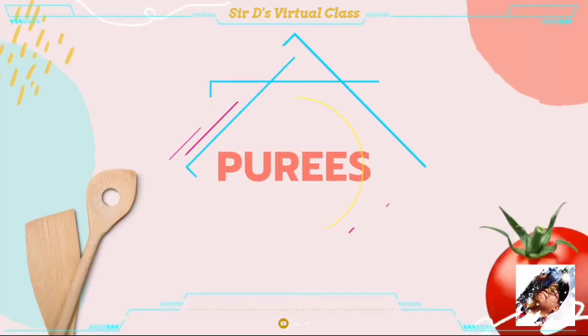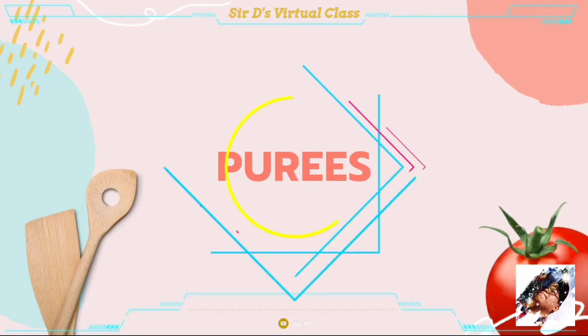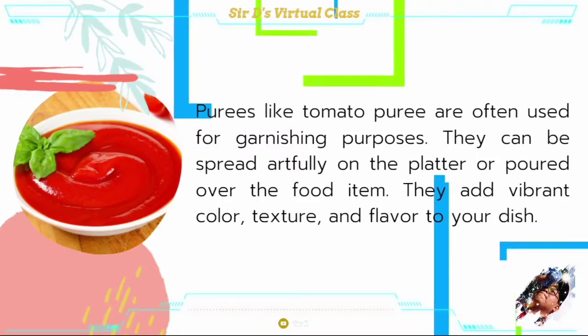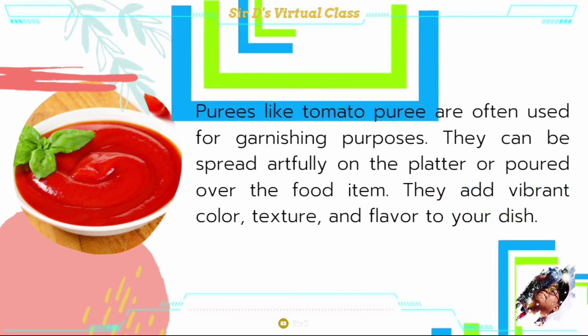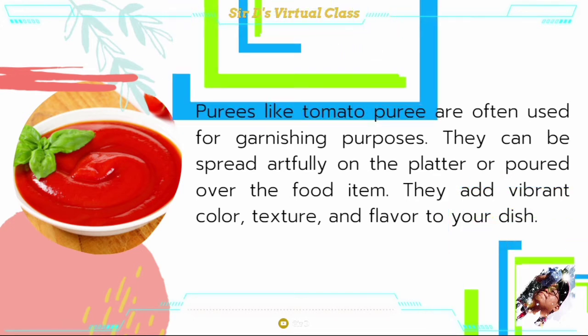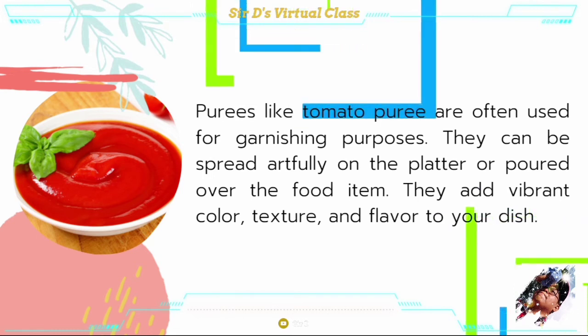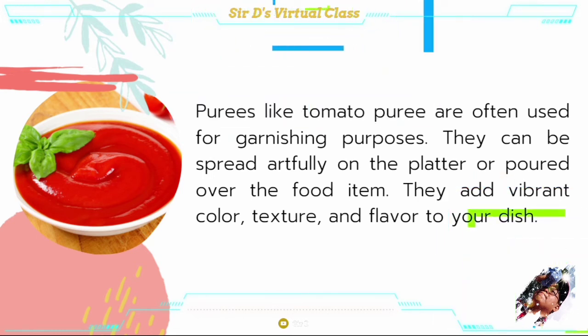Now we have our purees. Purees like tomato puree are often used for garnishing purposes. They can be spread artfully on our blank canvas or poured over the food item. They add vibrant color, texture, and flavor to your dish.